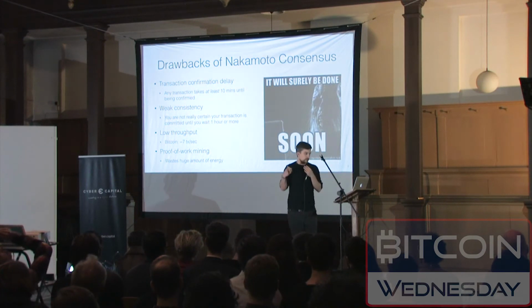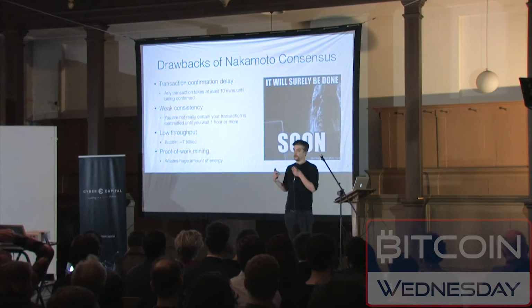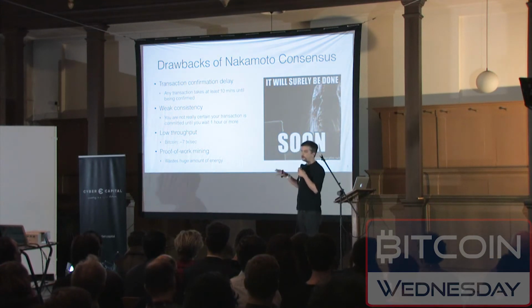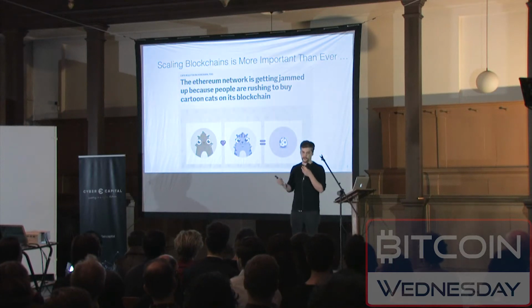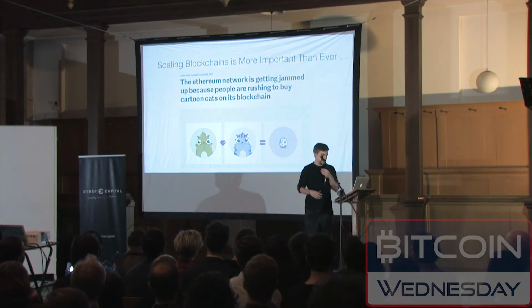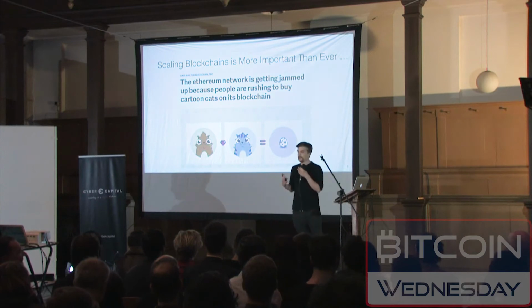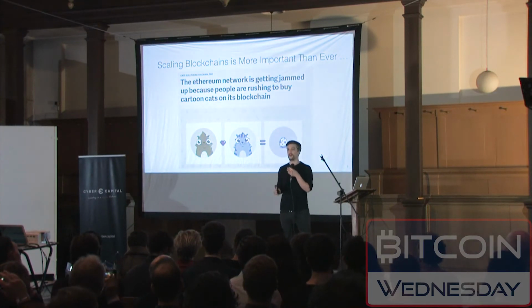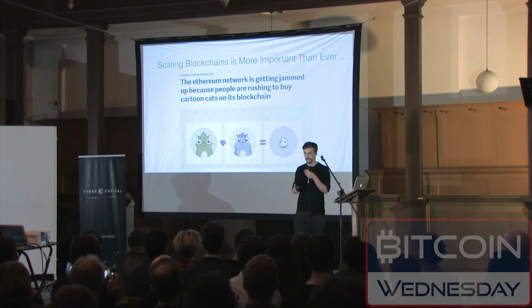So scaling blockchains is really an important problem that we need to tackle. And if you are not convinced by now, but if you have followed the news recently, then you've seen that scaling blockchains is more important than ever because people want to buy crypto kitties on the blockchain, right?